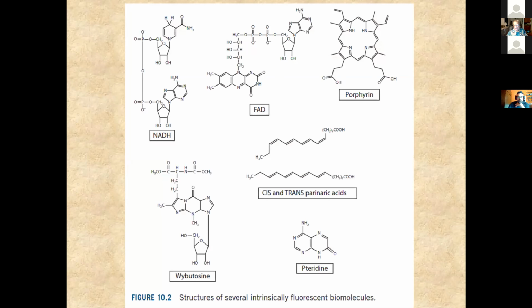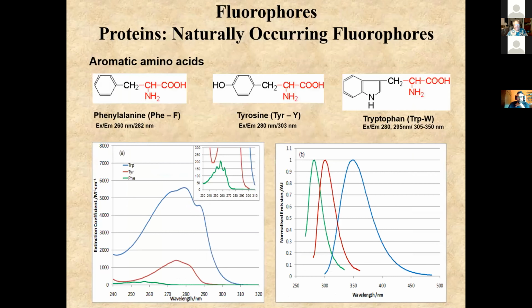You'll learn a lot in this course about NADH, and FAD is very common too. Porphyrins, if you take the metal out, or take the iron out, you can have fluorescence from porphyrins, and there are other ones. And proteins, of course, have naturally occurring fluorophores, namely the aromatic amino acids: phenylalanine, tyrosine, tryptophan.